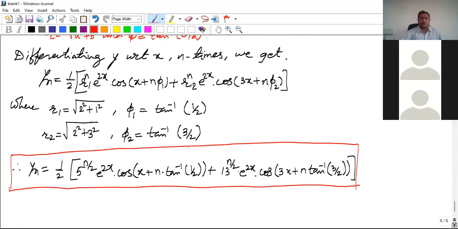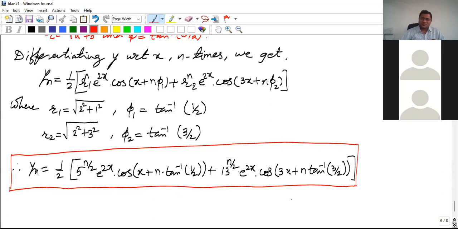This is how we are supposed to use the formula. Is there any doubt in this example? No, sir. Okay, so all of you got this example?